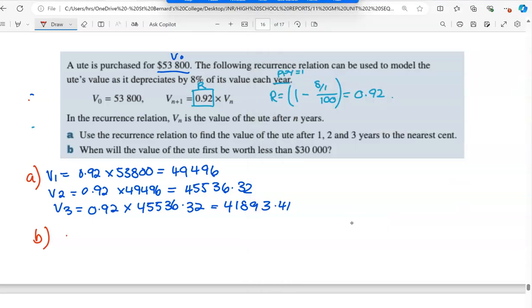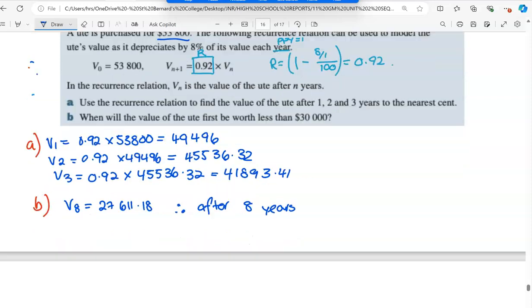So after 8, I found it at V8. Just to prove my point, V8 is 27,611.18. Therefore, after 8 years. Okay, so that's just using all the recurrence relations.